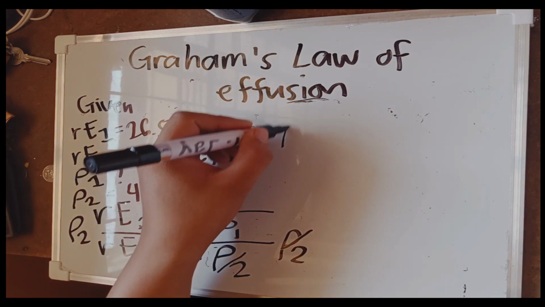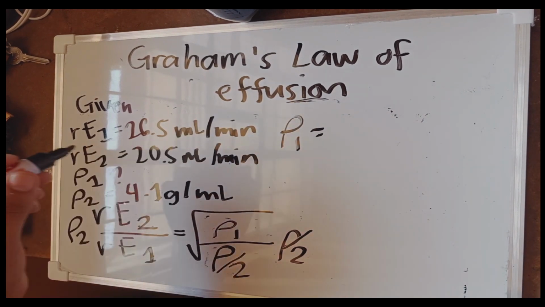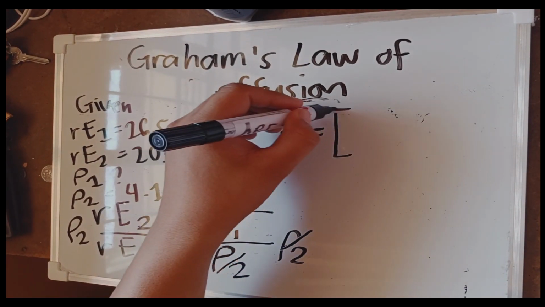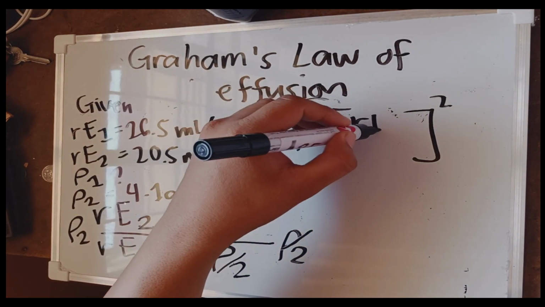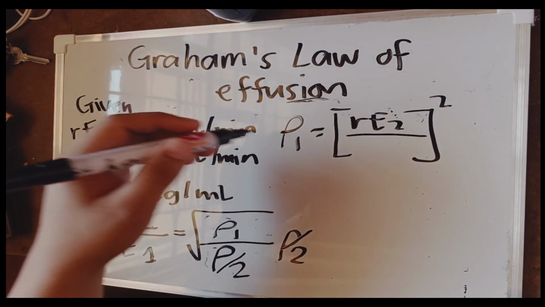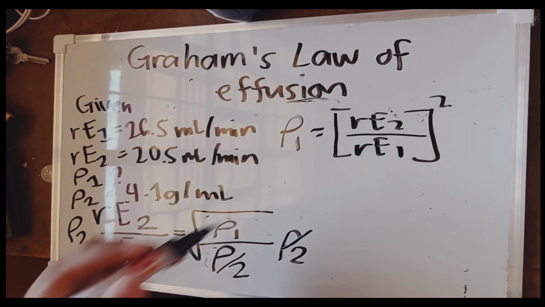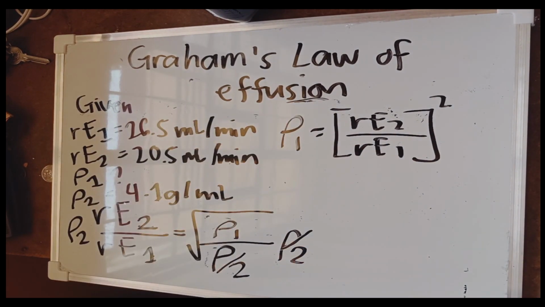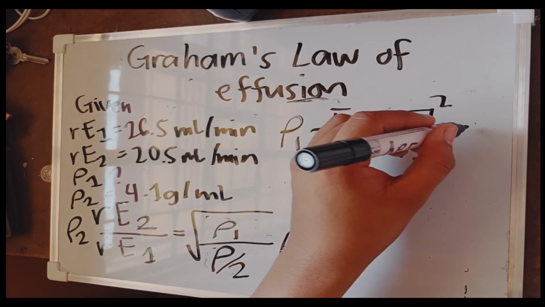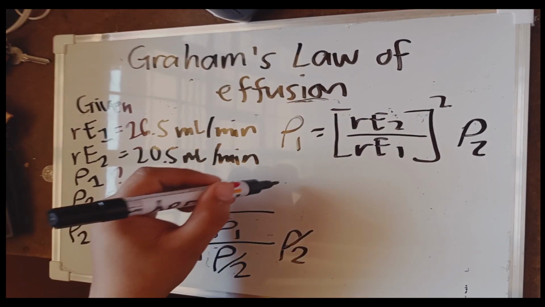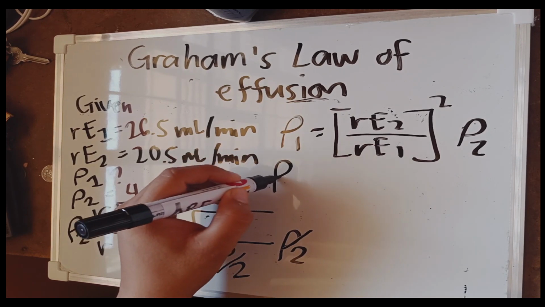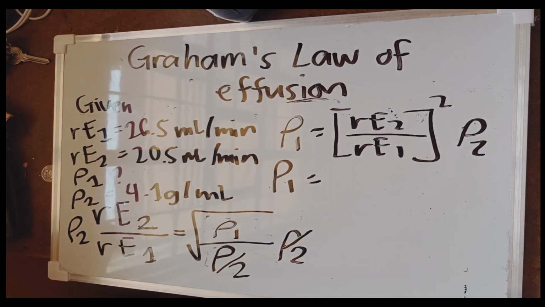You can put the formula: density 1 is equal to the square of rate of effusion 2 over rate of effusion 1, and then multiply by the density 2. That's the original formula now. So you put here density 1, and now you need to substitute its values.